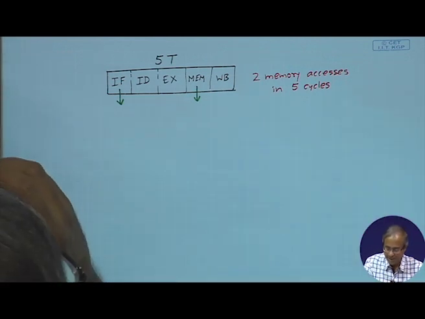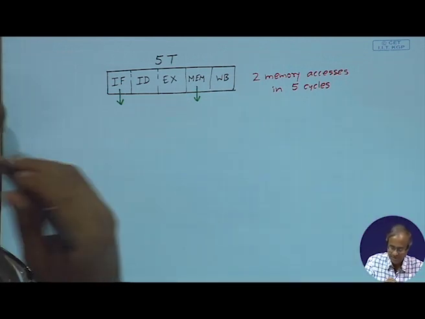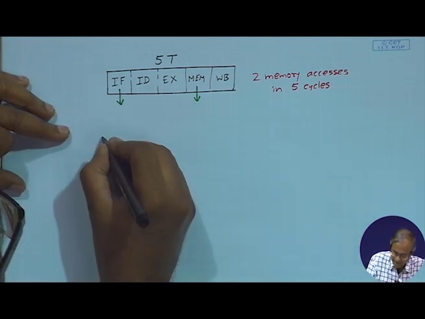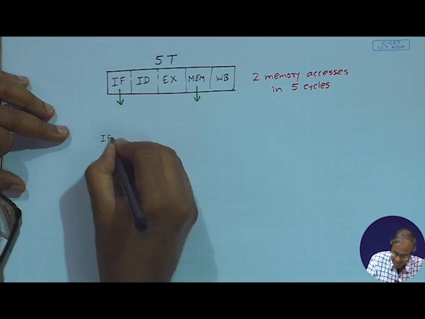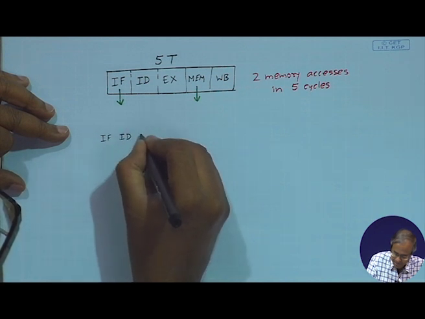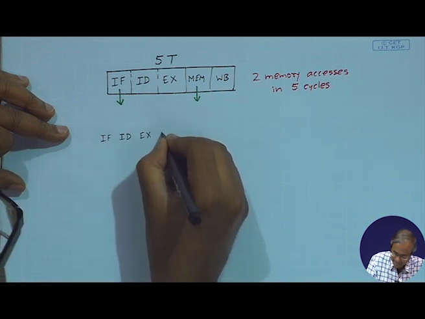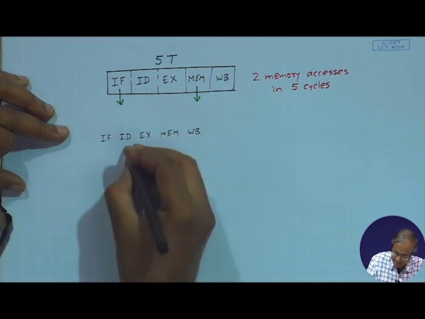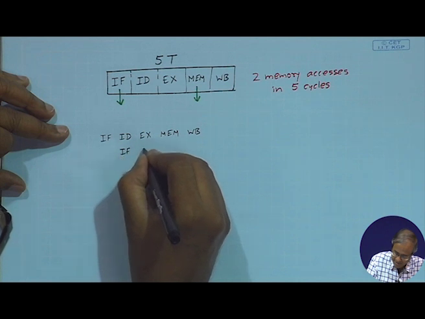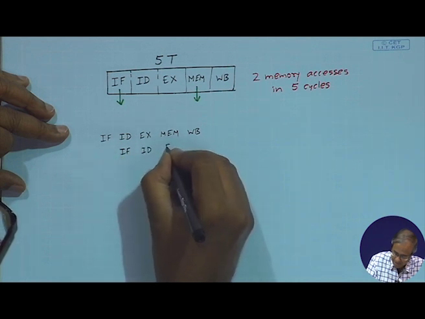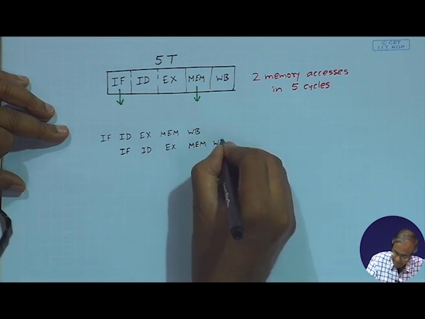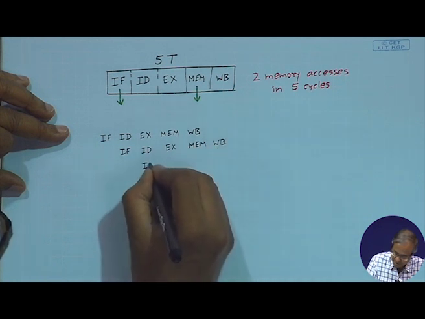But for the pipeline case, what happens? Just now we have seen that the instructions will be overlapping, right? Like one instruction will go like this, next instruction will go like this, third instruction will go like this, and so on.